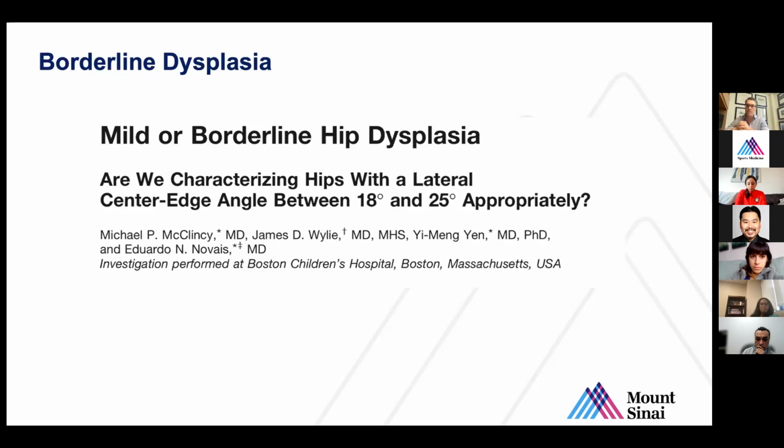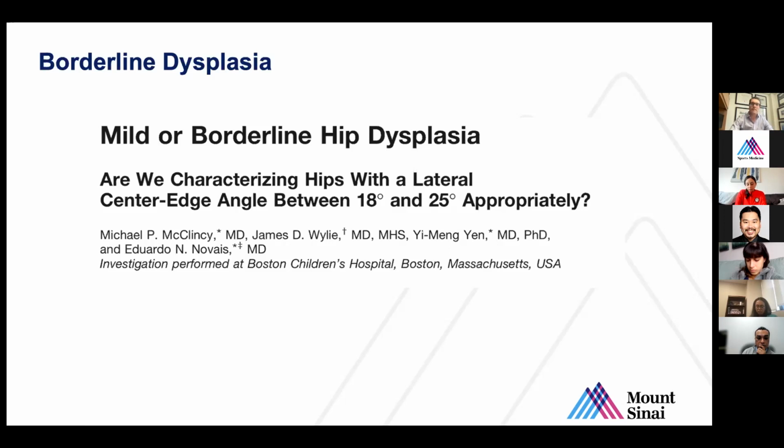Because we would still do an arthroscopy, and we do have good outcomes for some patients that are borderline dysplastic. But if they're frankly dysplastic, or if they're borderline dysplastic with a hyperlax component, then those patients may go down the path of an osteotomy, a periacetabular osteotomy. We're not going to really get into it. I'll just show you pictures of it later at the end, where you cut the acetabulum and you rotate it over to cover the head.